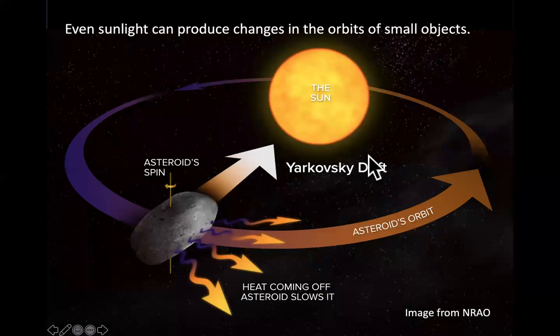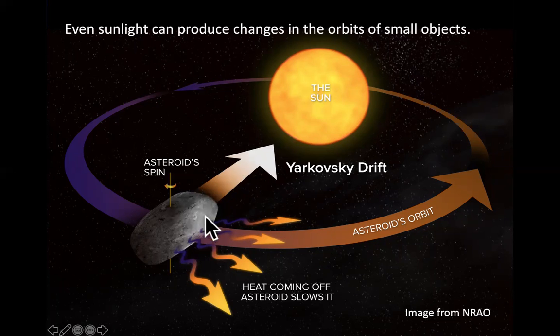It also turns out that just sunlight can change the orbits of these guys. The way that works is the following. Imagine you had an asteroid spinning here. Now, that asteroid will heat up on the side that faces the sun. But if it's spinning, that hot side gets rotated a little bit this way.